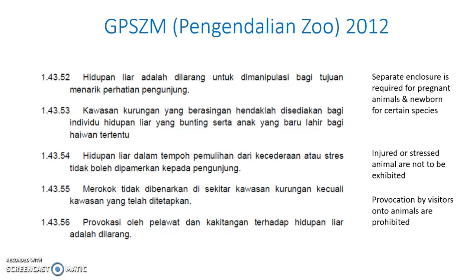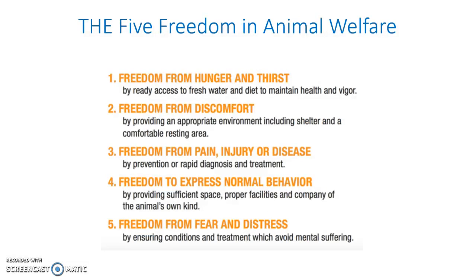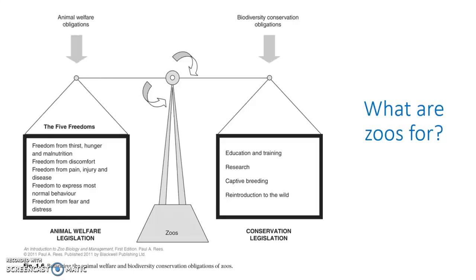Separate enclosure is required for pregnant animals and newborn for certain species. Injured or stressed animals are not to be exhibited. Provocation by visitors onto animals are prohibited. So those are the 5 freedoms in animal welfare that will be based on when you design an enclosure for an animal.